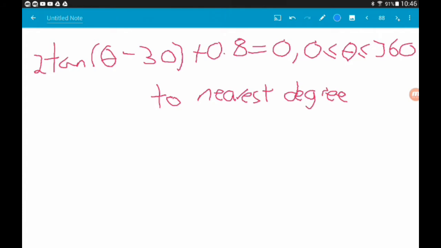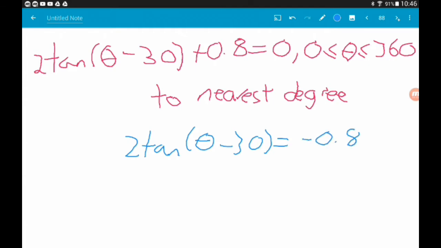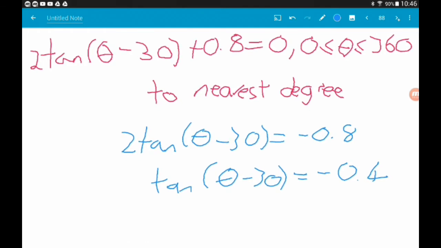If we take away the 0.8, we've got 2 tan theta minus 30 is minus 0.8, and then divide by 2, tan theta minus 30 is equal to minus 0.4.